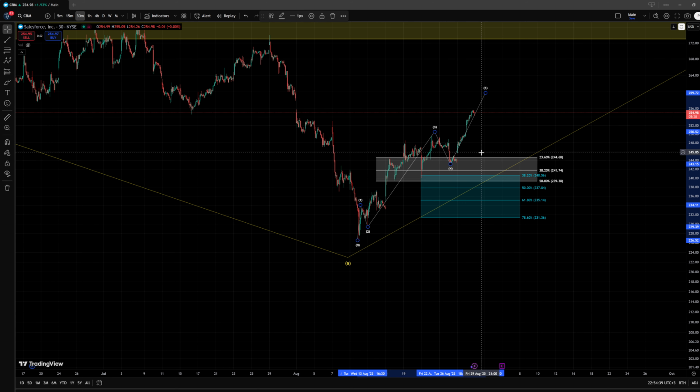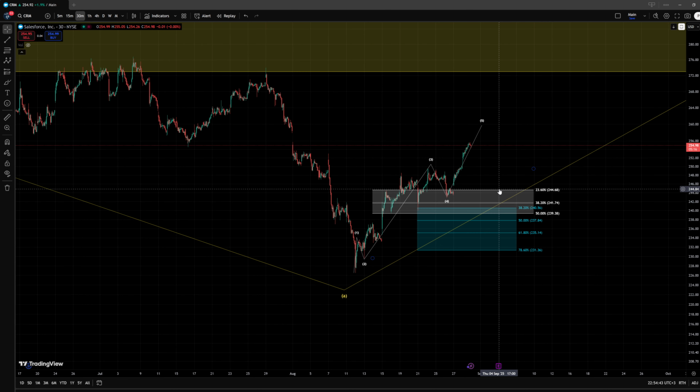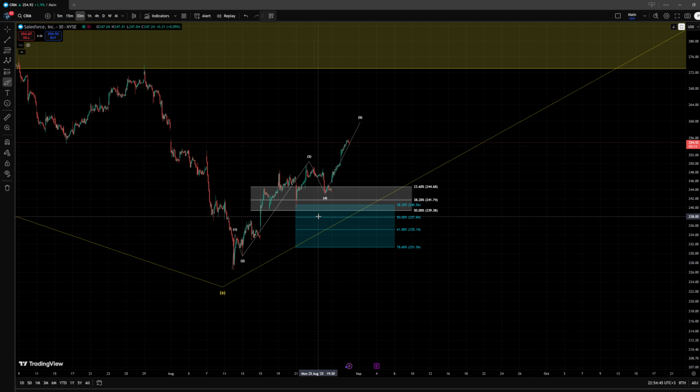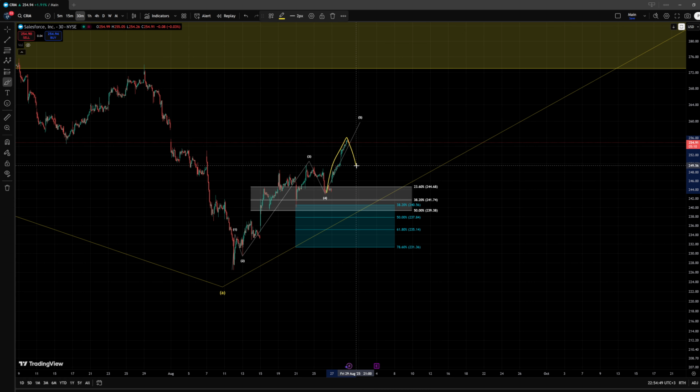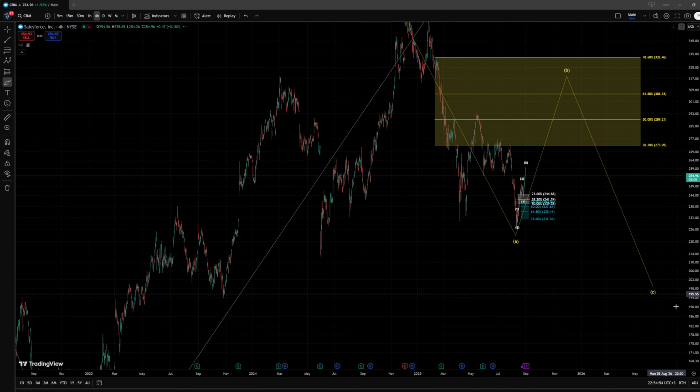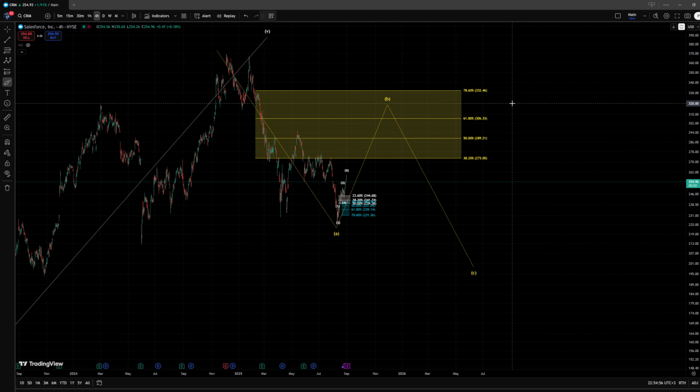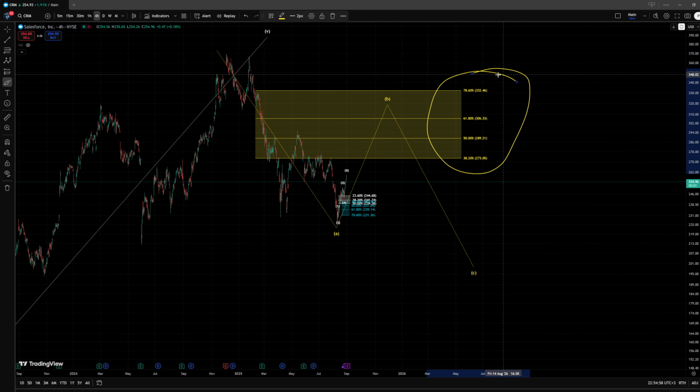Many different ways to actually count it, but the idea is that we are still tracking continuation in this movement. Once we see a larger correction, we could be tracking another 1-2 setup or something like that. But what I want to focus on the most are the resistance levels in the yellow resistance zone. As I said, between $273 up to around $332 level.